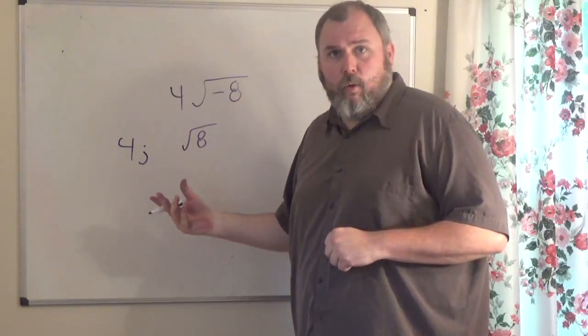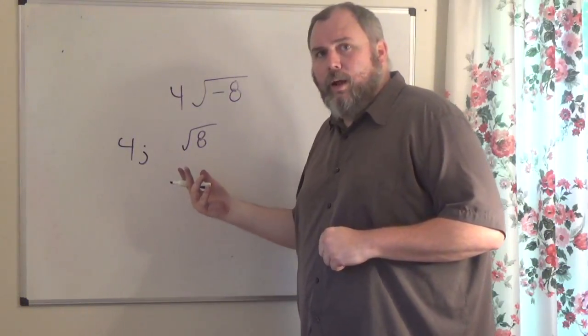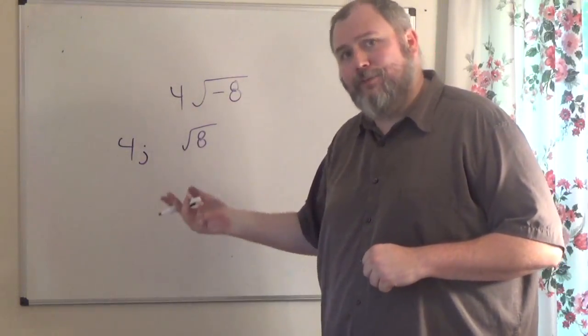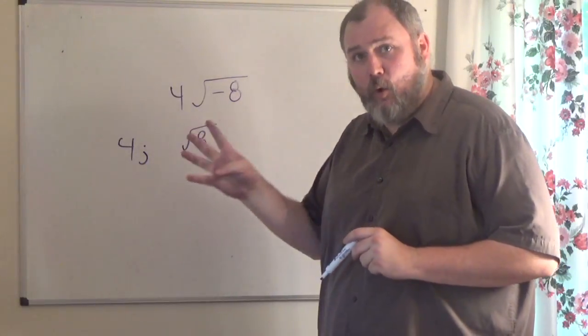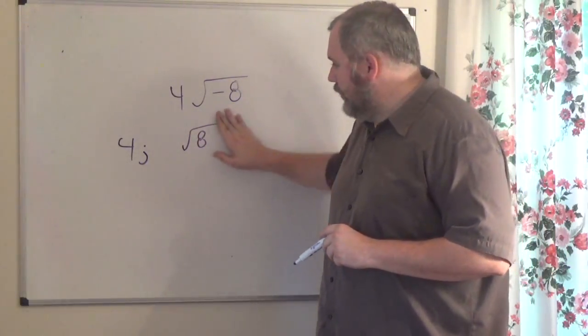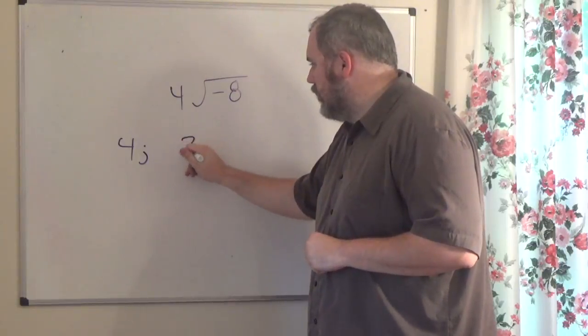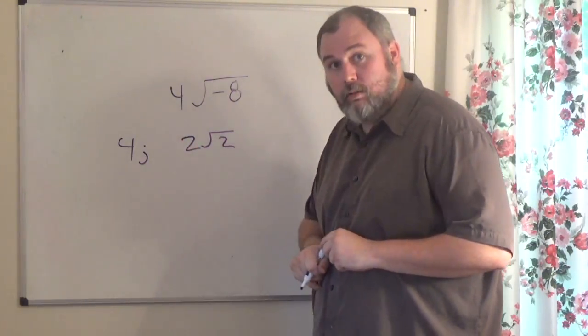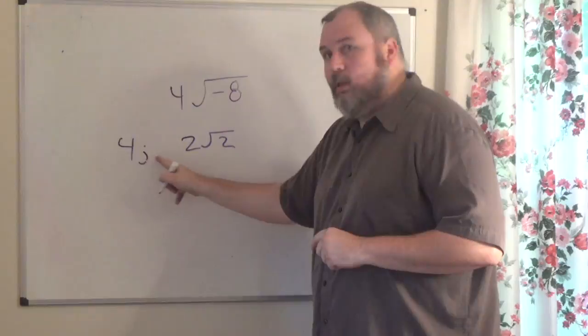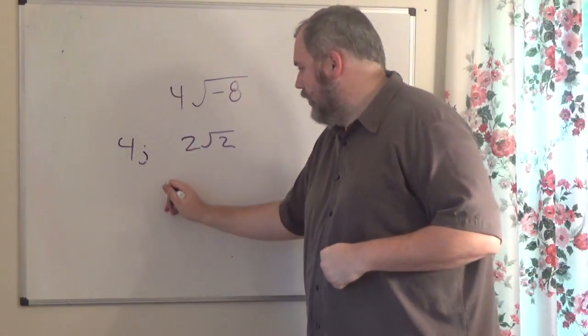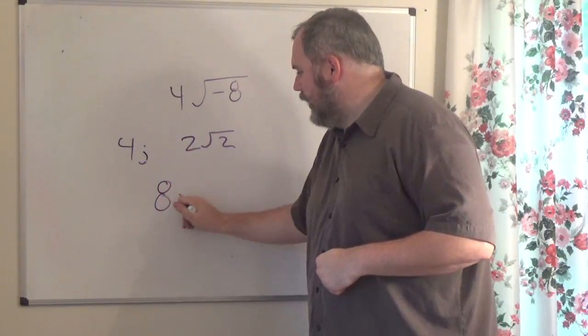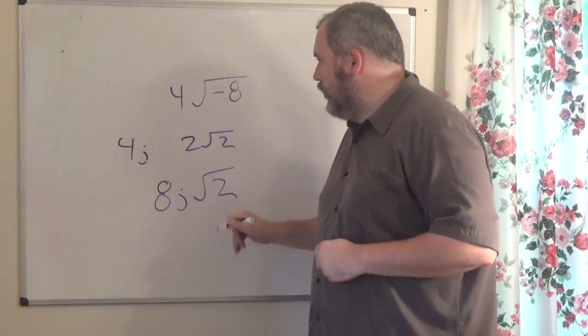Well, what can we do here? We know that the highest perfect square we can factor out of that is 4, so we can rewrite this to say 2 times the square root of 2. What happens with all of this? They multiply, and I get 8j times the square root of 2.